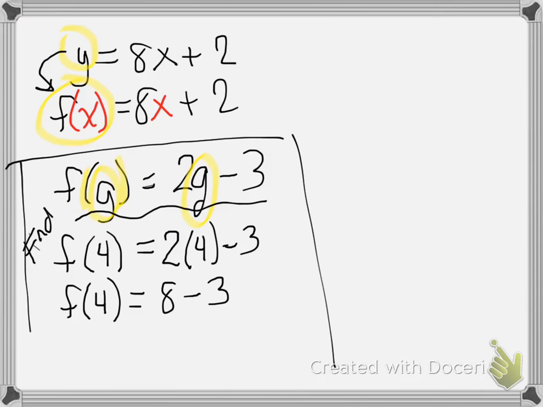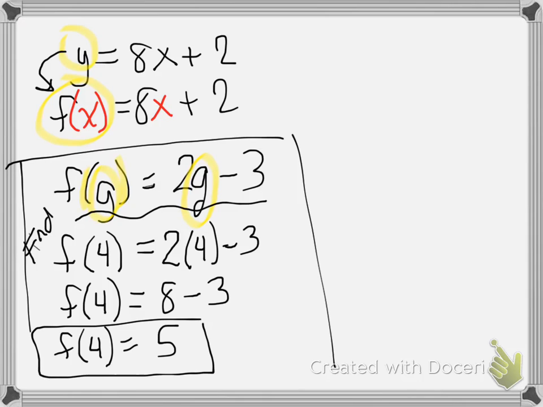I get 8 minus 3, which is 5. So f of 4 equals 5. So this is the answer they're looking for. They're wanting you to state it also in this way. They don't want you to write y equals 5. They're telling you to use function notation. They're saying the function has a g in it. I want you to replace it with a 4. So if I do that, f of 4 equals 5.